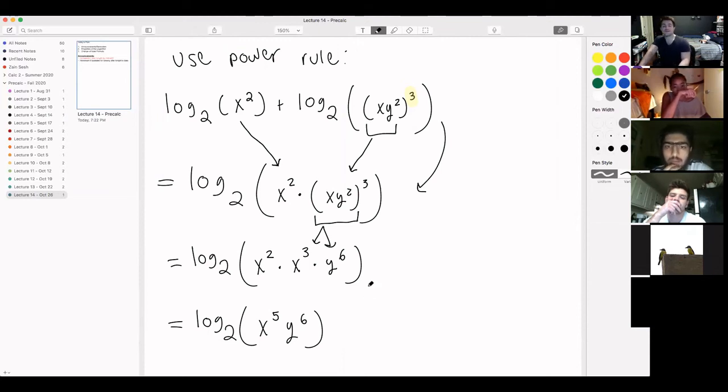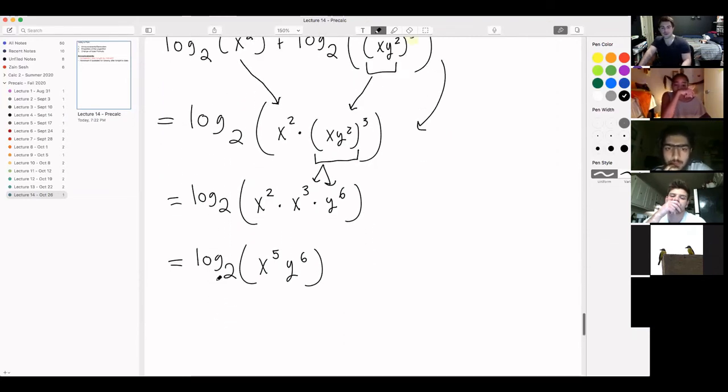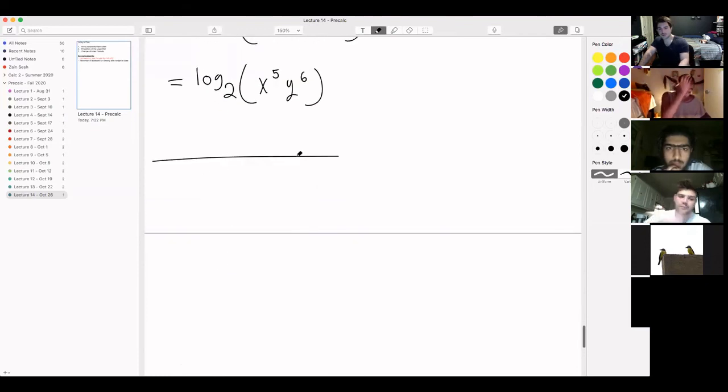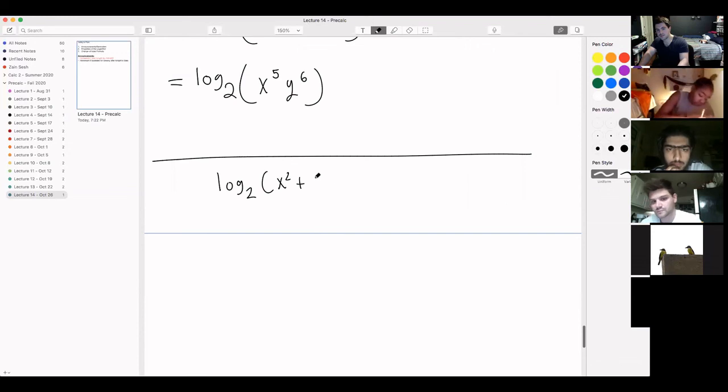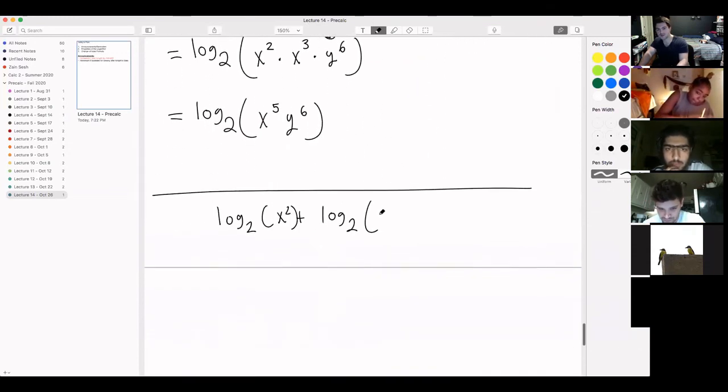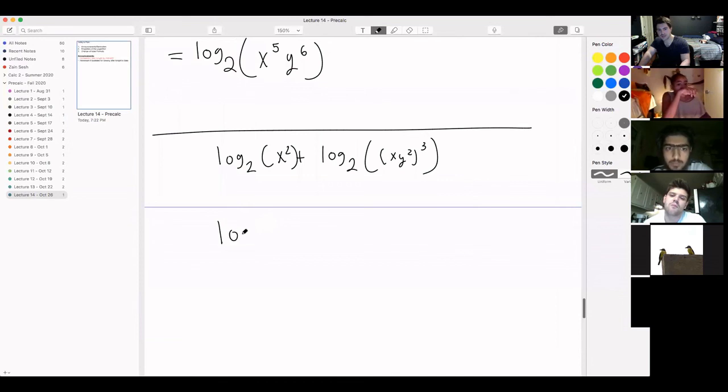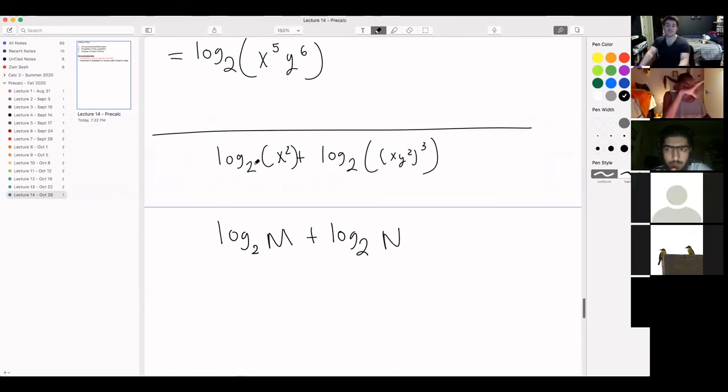So I'm going to write that again, like a side note. Log base 2 of x squared plus log base 2 of xy squared to the third. This looks just like log base 2 of m plus log base 2 of n. We have log base 2 of something plus log base 2 of something else.